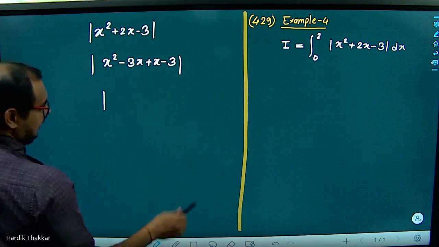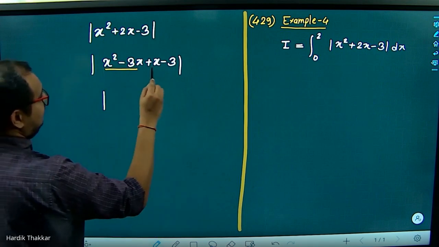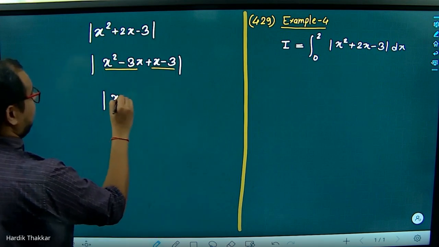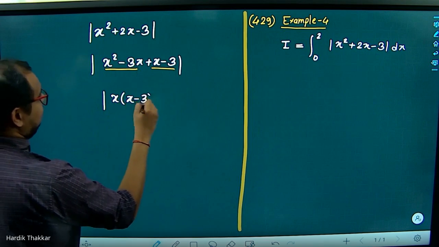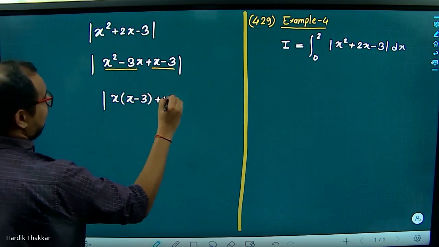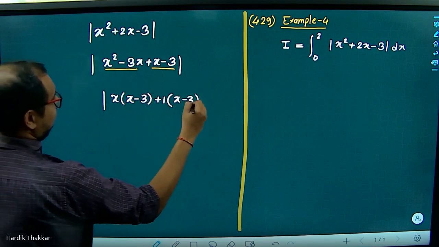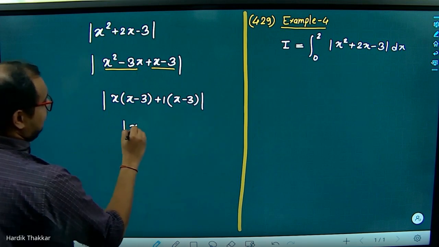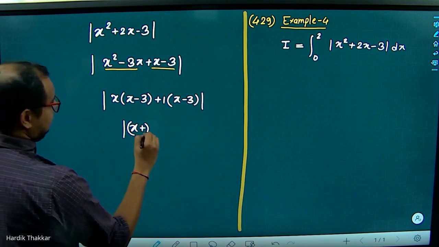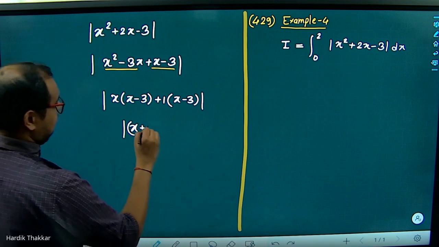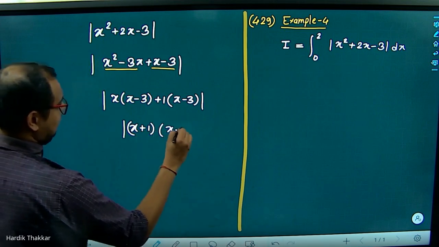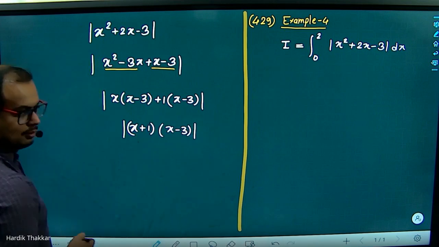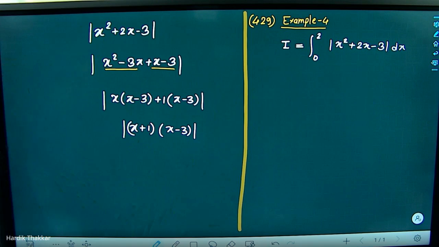Further, we take x common from the first two terms, so we get x minus 3, and plus 1 from the other two, so it will be x minus 3. So the factors will be mod of x plus 1 and x minus 3. Okay, so this is the first step.